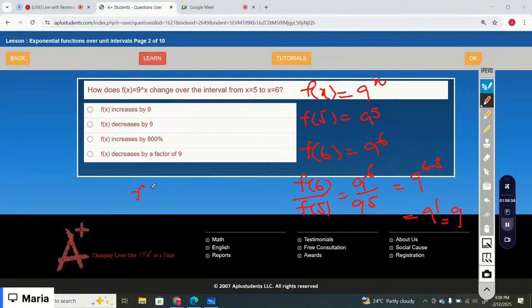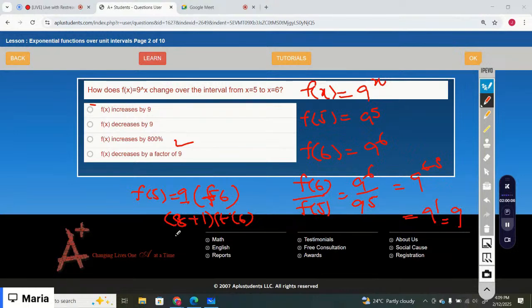So f(6) equals 9 times f(5). You can write 9 as 8 plus 1, right? And 1 is 100%. The correct option is f(x) is increased by 800%.